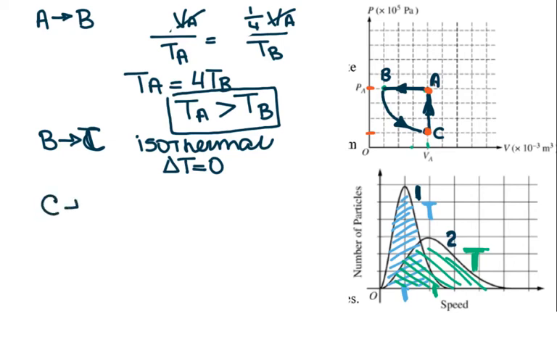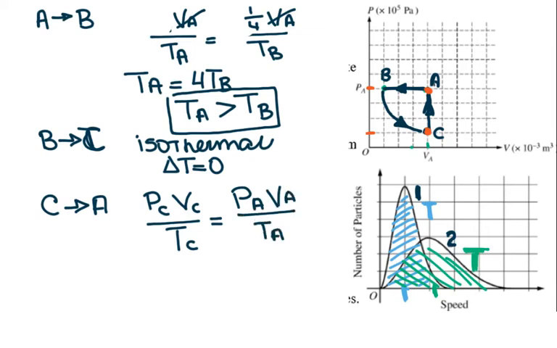And then from C to A, I'm going to do the same. I have PC VC over TC is equal to PA VA over TA. Because they have the same volume, I can get rid of the volume. And because the pressure of A is 4 times the pressure of C, I can write here 4 times pressure of C. Then pressure of C can be cancelled.